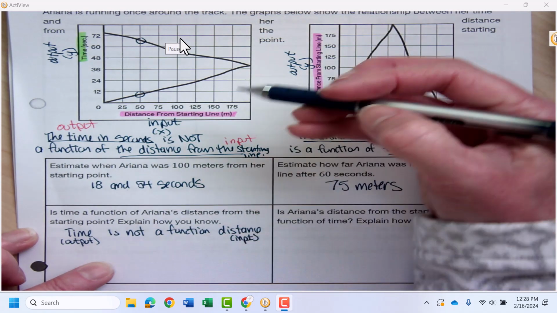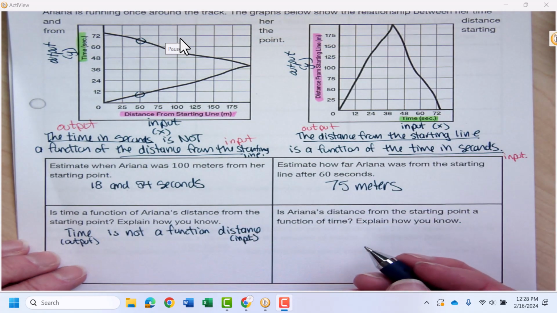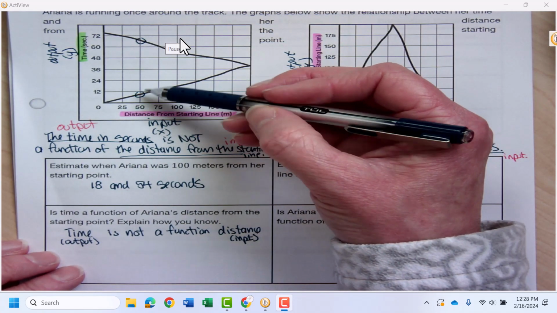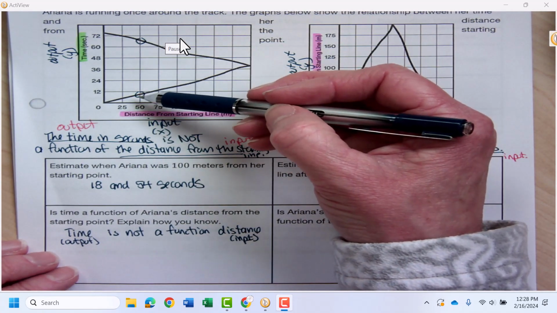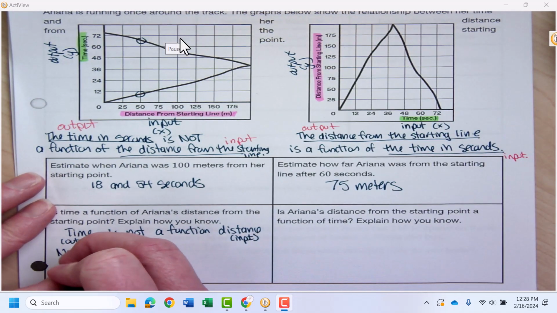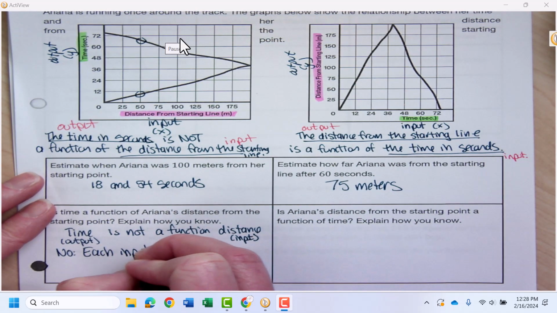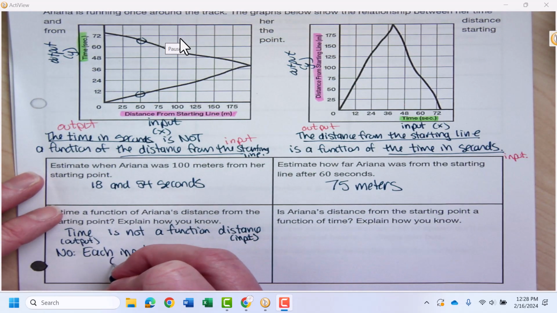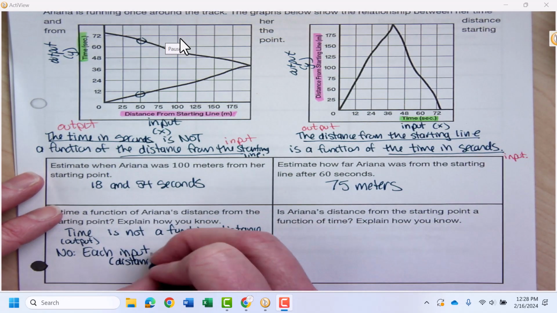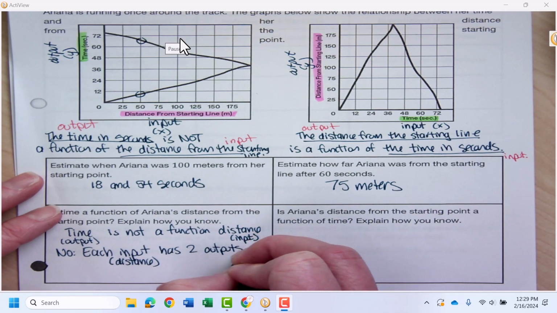So we're referring to this graph right up here. Time is not a function of distance because each distance, each input, has more than one output. Each input, that's distance, has 2 outputs. That's time.